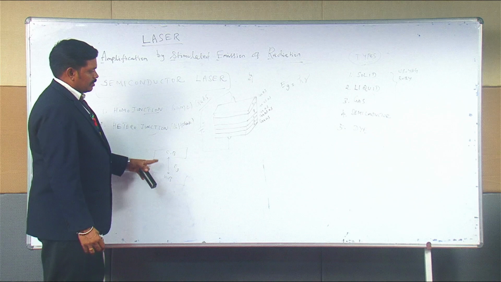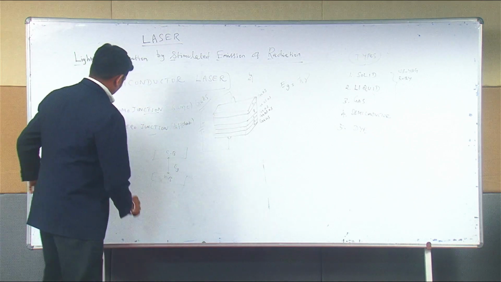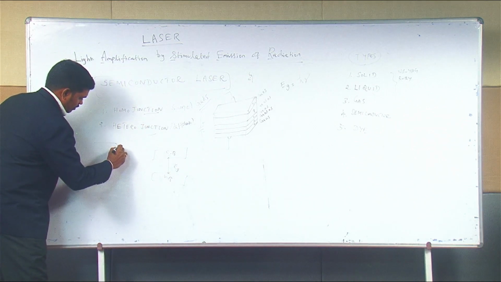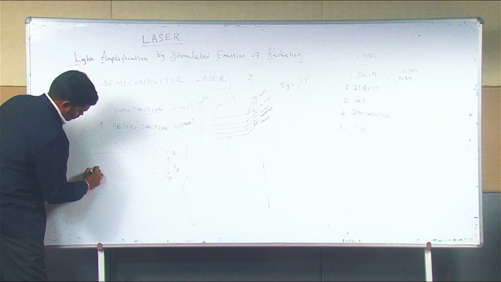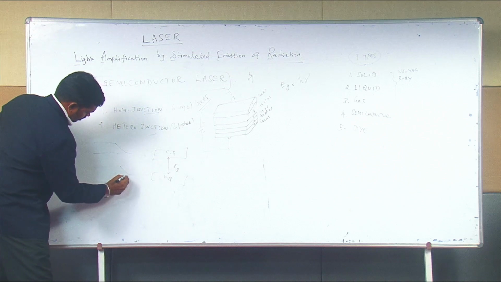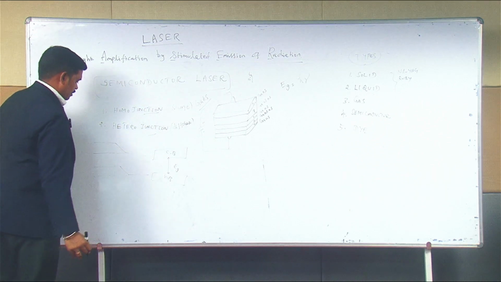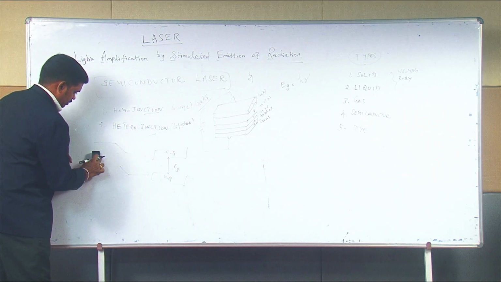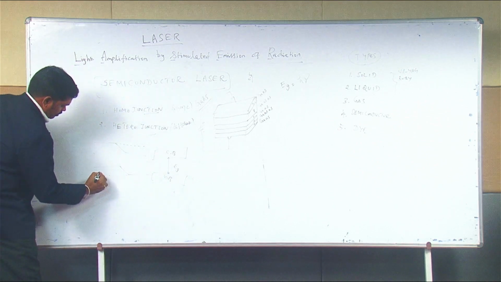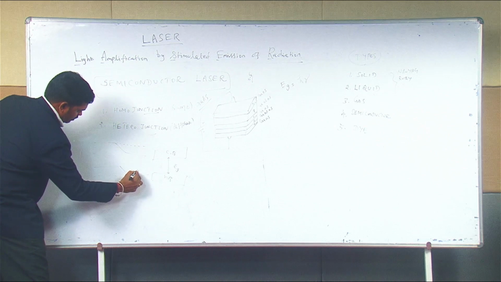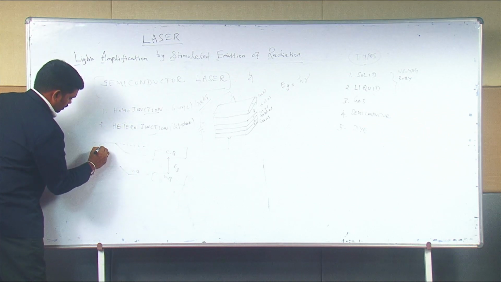This is the energy level diagram for the homojunction as well as heterojunction semiconductor laser. Here this is the valence band and this is the conduction band.